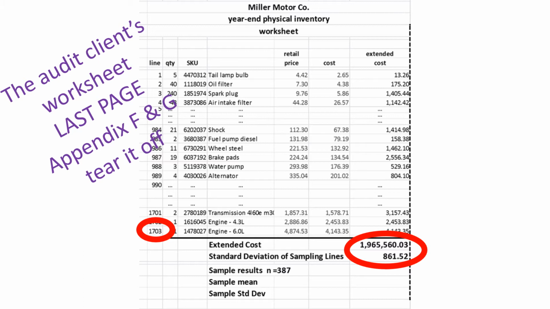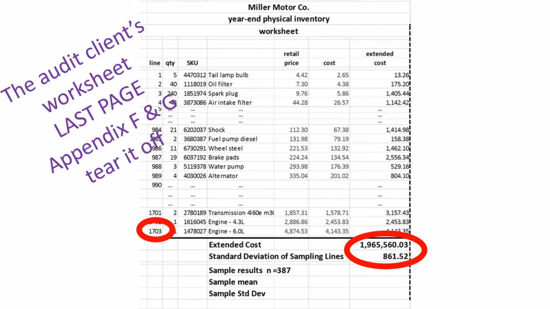And if we take the standard deviation of those items, it's 861.52. So as we plan the audit, those are the numbers we have to work with. We don't have our audit results yet. So we're going to use the information from their books. And that is the book value is 1,965,000 and the standard deviation is 861.